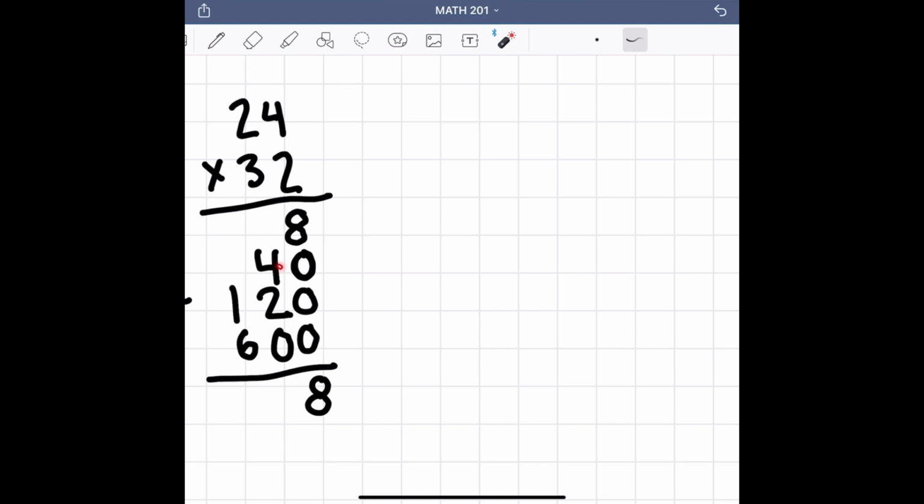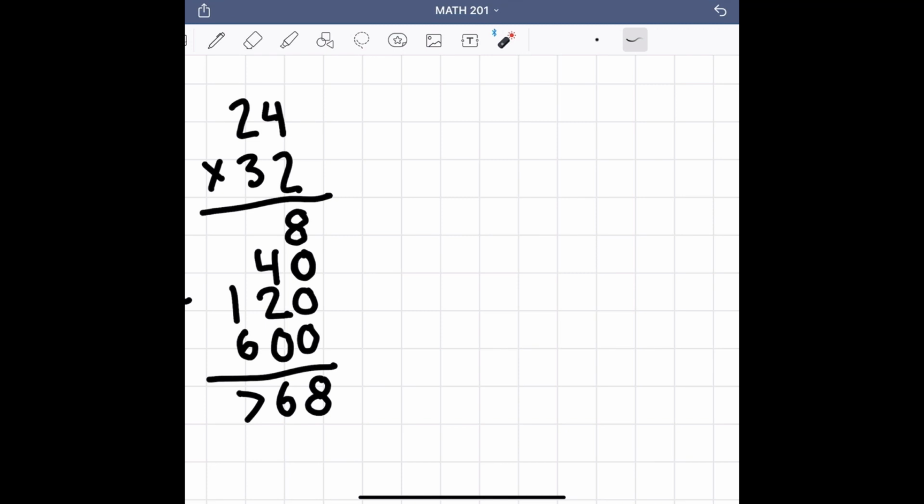So we can add 4 plus 2 plus 0. 4 plus 2 plus 0 is 6. Next, we can add in the hundreds place. So we can add 1 plus 6, and 1 plus 6 is 7. So our answer down here is 768.